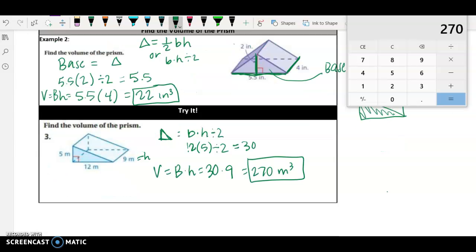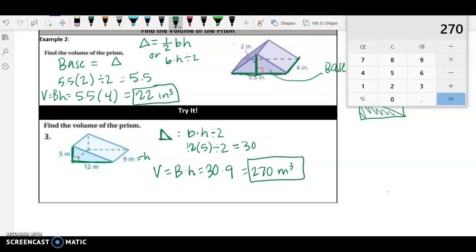Okay, so our base triangle is base times height divided by 2. We're only looking at the triangle. So the base of the triangle is 12, and the height of the triangle is 5. So we're going to do 5 times 12, and we get 60, and then divide by 2, and you get 30 for that triangle. Then you're going to multiply that times the height.